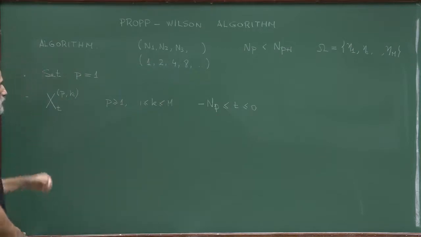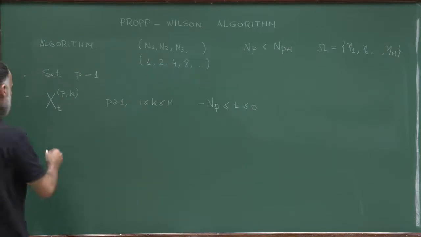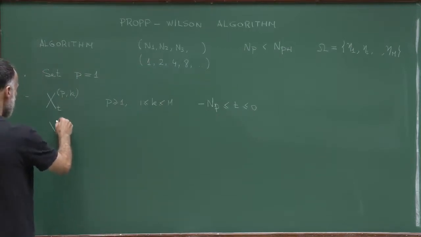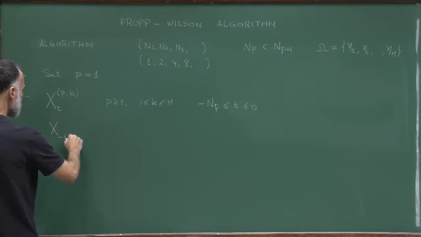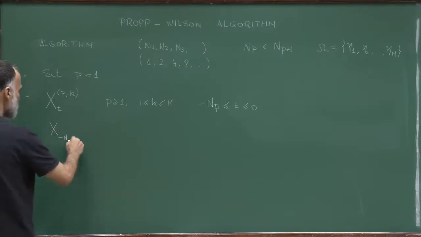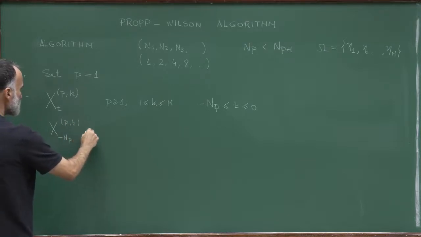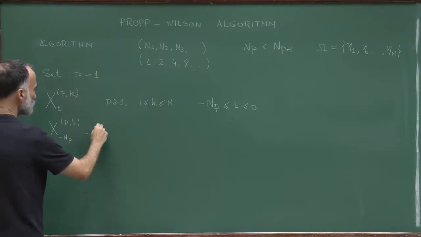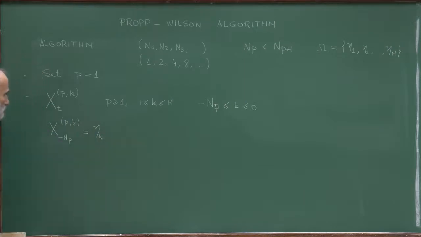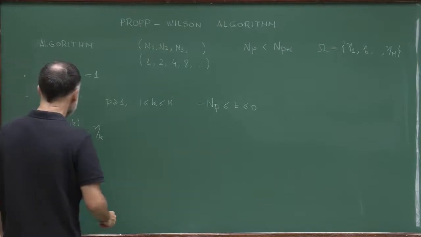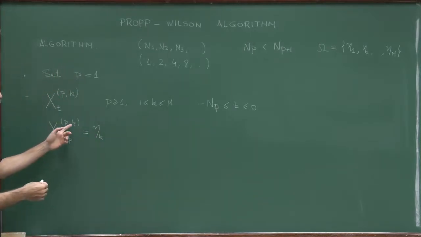And how do we define this sequence? As I said, you start this sequence at time minus n_p, setting it equal to η_k. So at time minus n_p, the chain k starts from η_k, and this you do for all k.